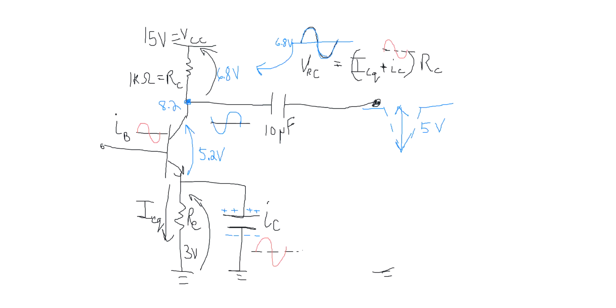Your voltage here rises by how much? How much can it possibly rise? Well, if I drop all of the current to 0, that's 6.8 volts that has nowhere to go except this collector here. So this is going to rise above 8.2 by 6.8 volts.